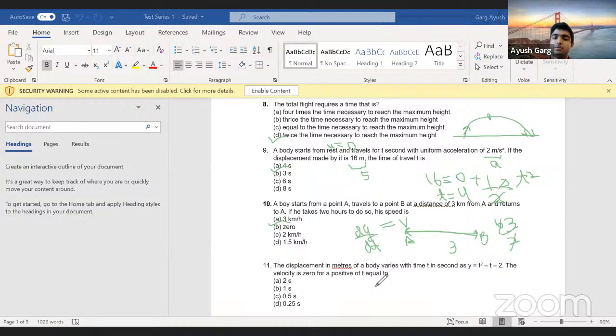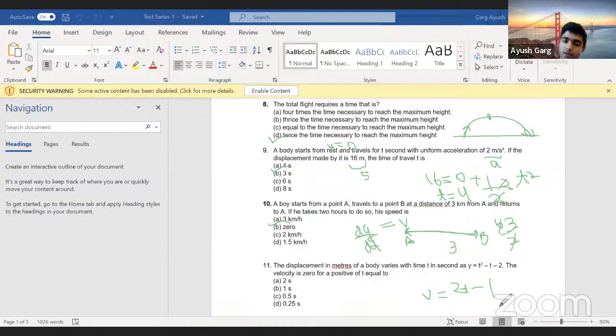So if we did this in another question very recently, dy upon dt is velocity, so dv upon dt is acceleration. When you do that here, your dy upon dt is going to become 2t minus 1. So this is going to be your equation of velocity. If this is your expression of displacement, this is your expression of velocity. You put any value of t here, you're going to get velocity.